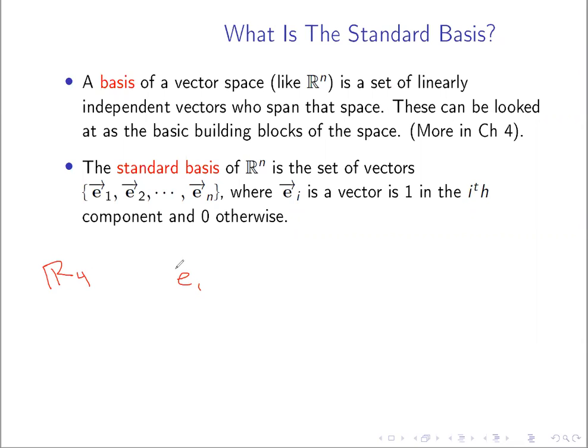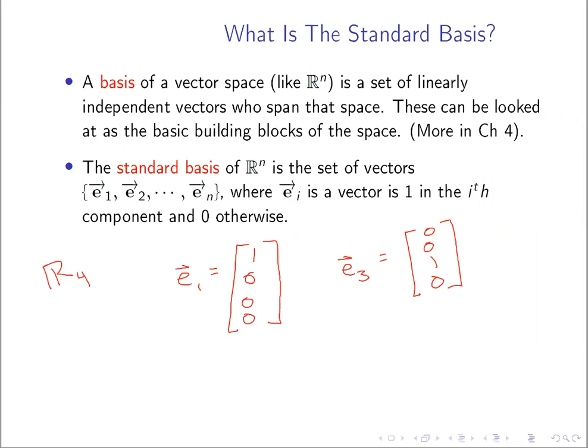That would mean that for E1, I'd put a 1 in the first spot and a 0 in the others because I have 3 other components. On the other hand, let's just jump to E3. What that would be is a 1 in the third spot and a 0 everywhere else. So hopefully you get the idea about how we can build this.